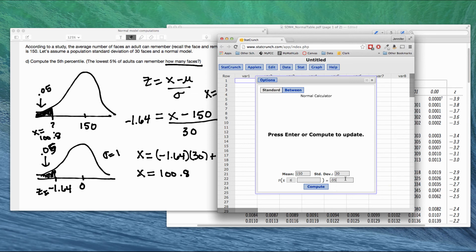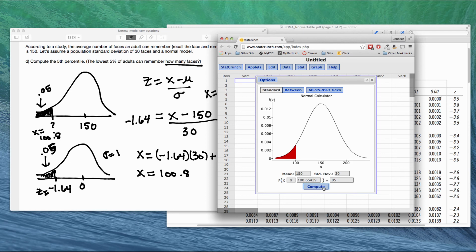So if I tell StatCrunch, give me the 5th percentile, push compute, it comes up with x less than or equal to 100.65439. So anything less than 100.6 or 0.7 faces is in this lower 5% of area.